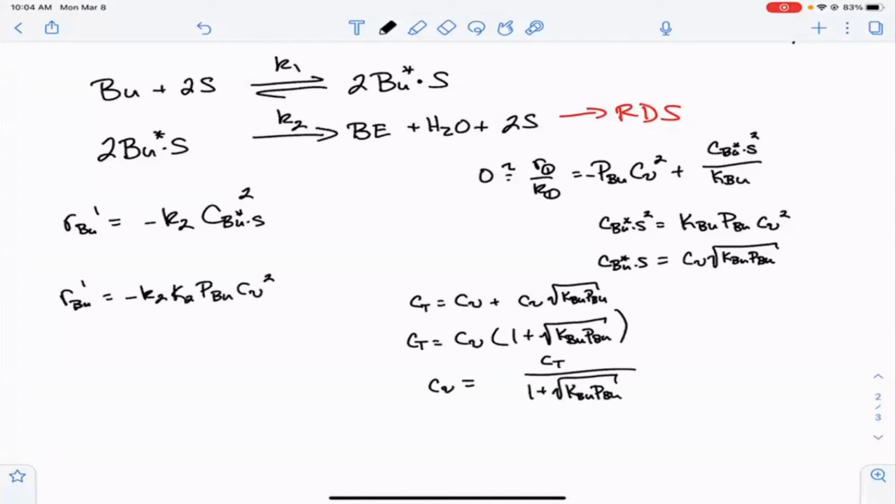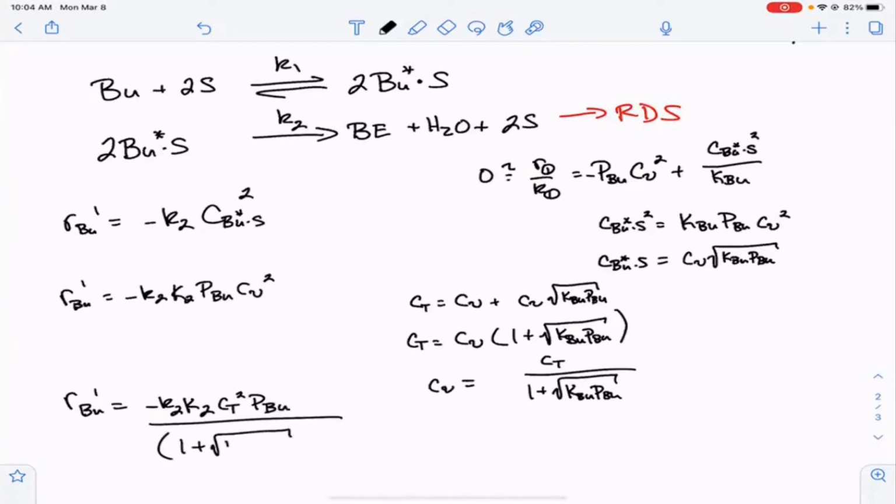And I think now you guys can see why this isn't going to work, because we're going to plug this into the rate law, and this is going to equal minus K2 times K2 times CT squared times the pressure of butanol divided by 1 plus the square root of KBU PBU, squared.